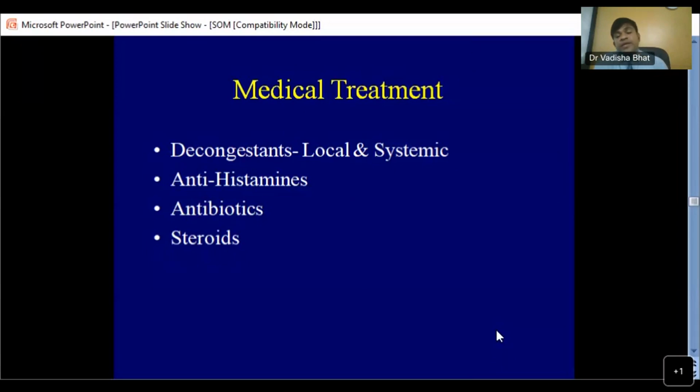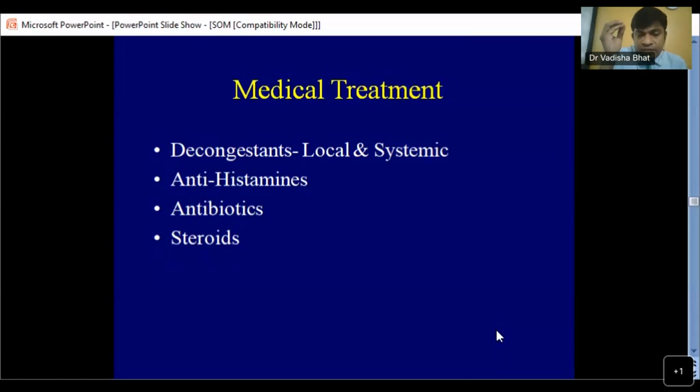This is important because, if in the initial period the patient actually had acute suppurative otitis media and it was treated halfway, then that could be one of the causes of having a residual collection in the middle ear cavity. Steroids, of course, in the form of topical as well as systemic.